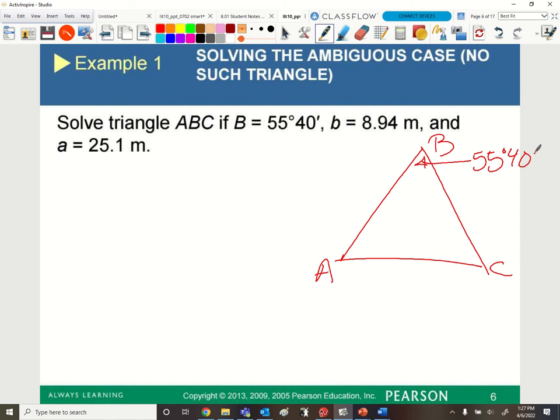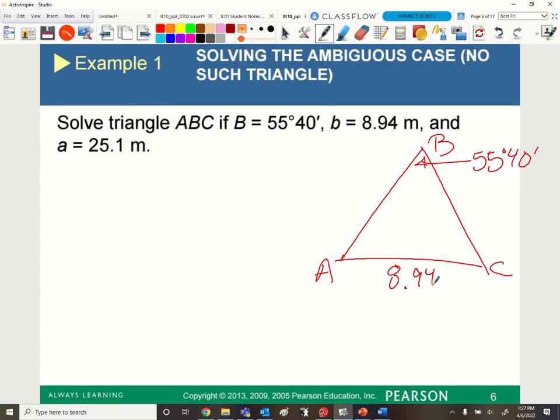And little b is down here, 8.94. Why do I know that little b is right there? It's directly across from big B, right? It's directly across from big B. And little a is 25.1.